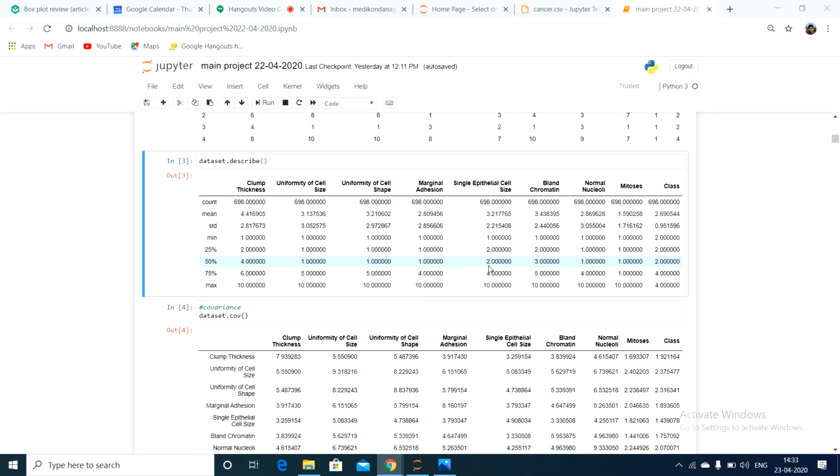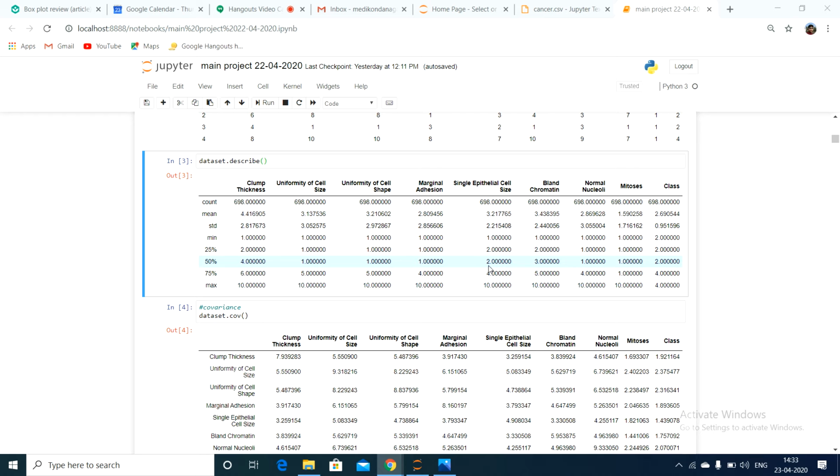what is the mean of that, what is the median of that, what is the maximum of that. So it is giving an overview about the data. Descriptive statistics is saying that, whereas inferential statistics is giving us predictions, inferences.